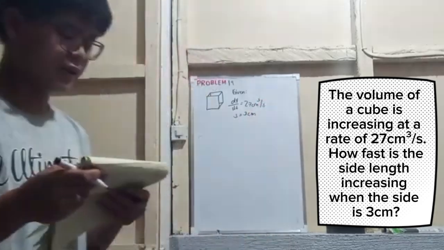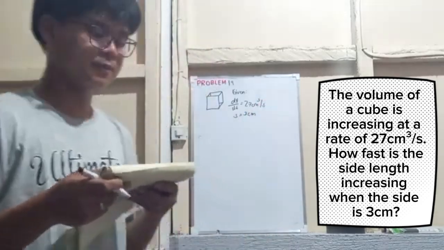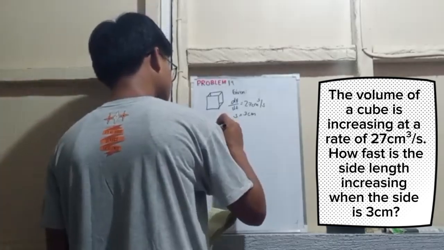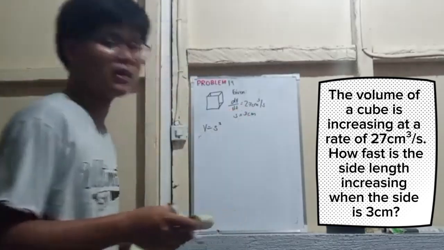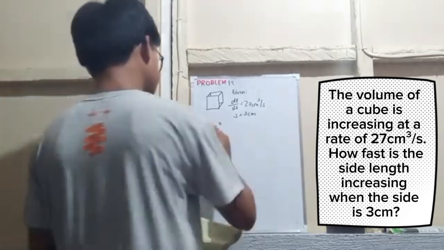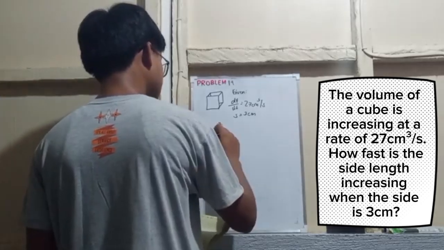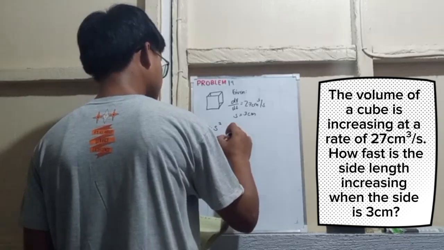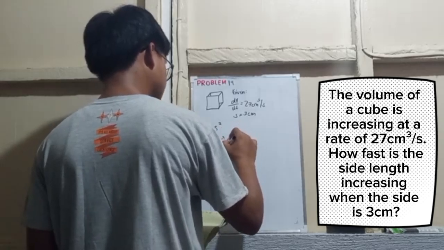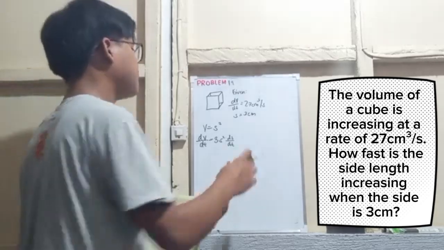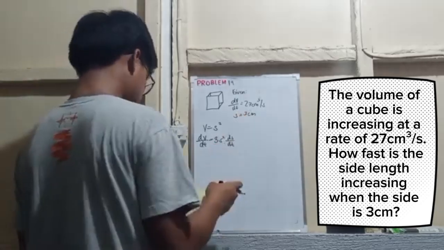And now we all know that in getting the volume of the cube, the formula is V = s³. Now we'll differentiate the formula, so we will get dV/dt = 3s² ds/dt. Now we'll substitute the given into the formula.